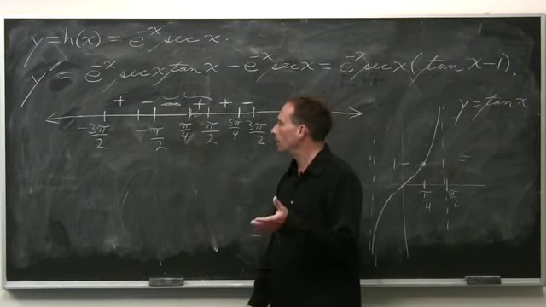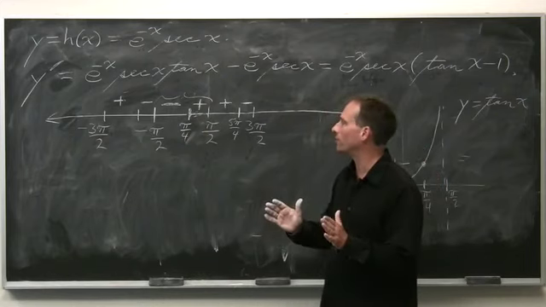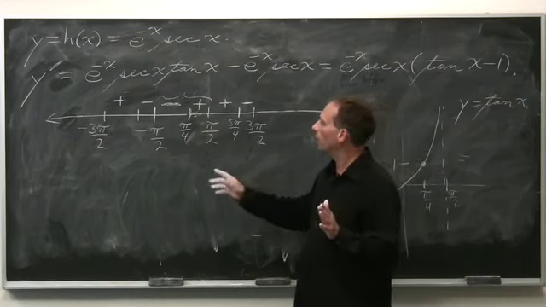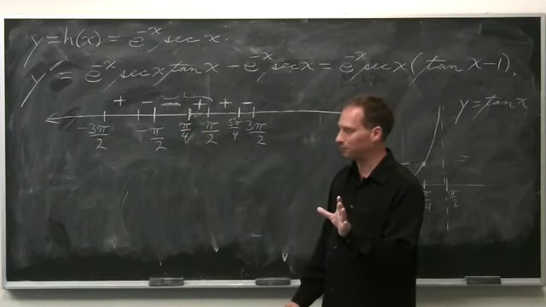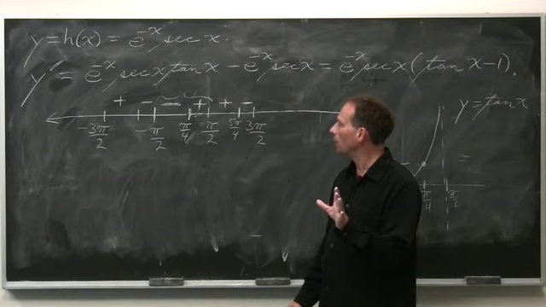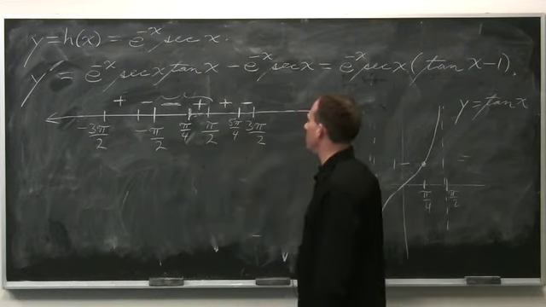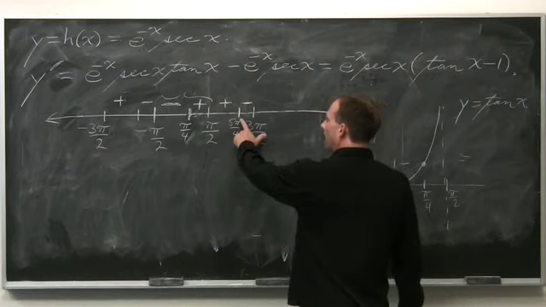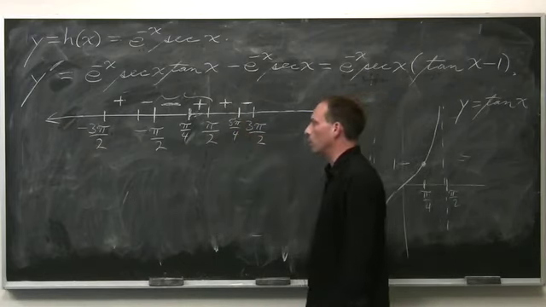So there's a global minimum occurring on that interval at pi over 4. And then on the interval from pi over 2 to 3 pi over 2, there's a maximum just on that interval occurring at 5 pi over 4.